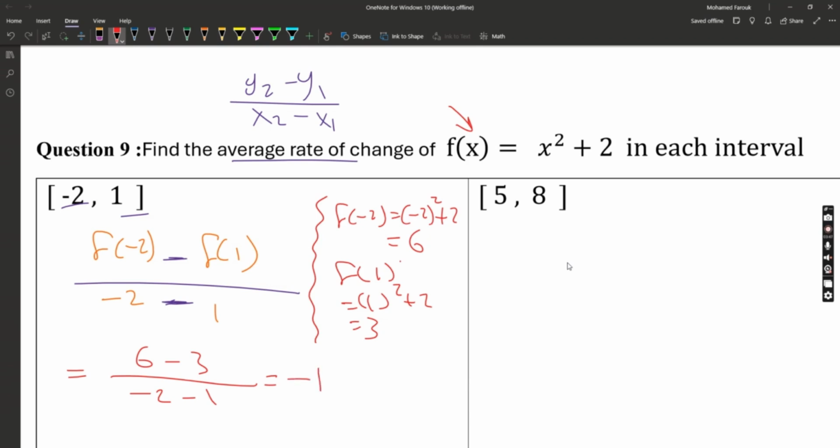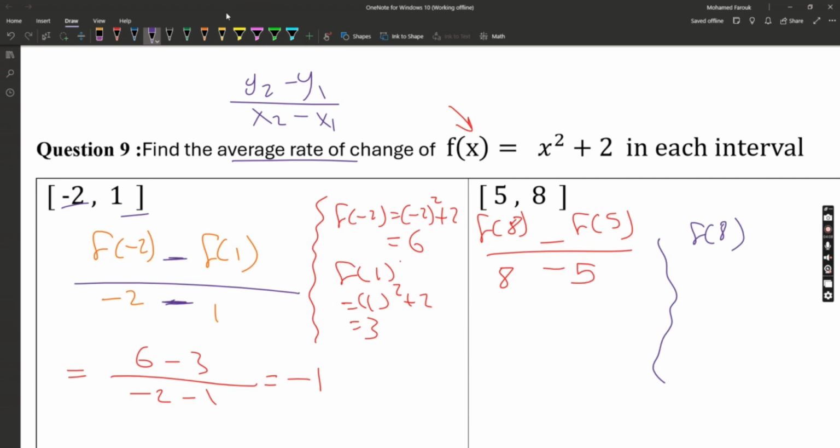Okay, we will do the same here. This is x1 and this is x2, so it's y2 minus y1 over x2 minus x1, and we have to calculate f of 8 and f of 5. f of 8 is 8 squared plus 2, which is 66. f of 5 is 5 squared plus 2, which is 27.